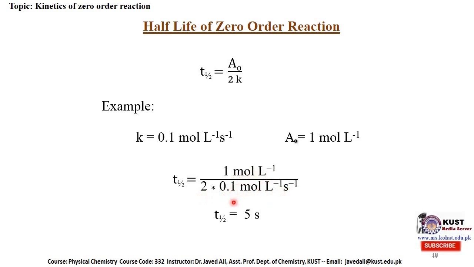Moles per liter and moles per liter will cancel with each other, and 1 divided by 2 into 0.1 is equal to 5. So the half-life for this reaction is 5 seconds. When the A naught value was 2, the half-life was 10 seconds. When A naught is 1, the half-life also reduced to 5 seconds. This is because the half-life is directly proportional to A naught.